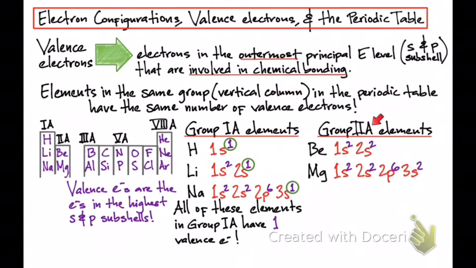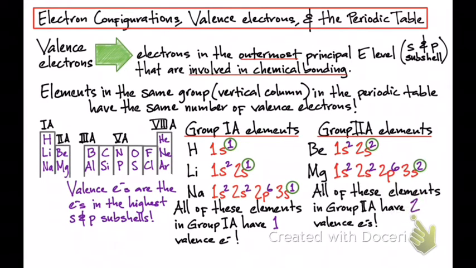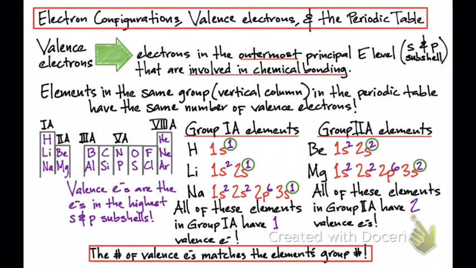And so group 2 elements will have a maximum of 2 valence electrons. The main point in this slide is that the number of valence electrons matches the element's group number, with only one exception, which is helium, because we know that helium is a group 8 element due to the fact that it's a noble gas. But because helium only has 2 electrons, the maximum number of valence electrons for helium is 2.